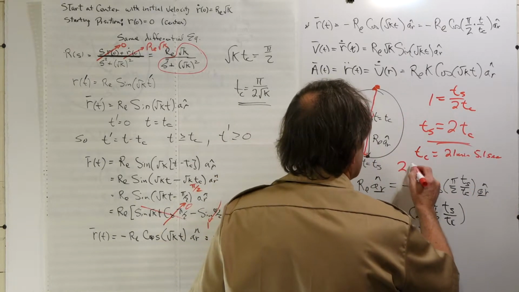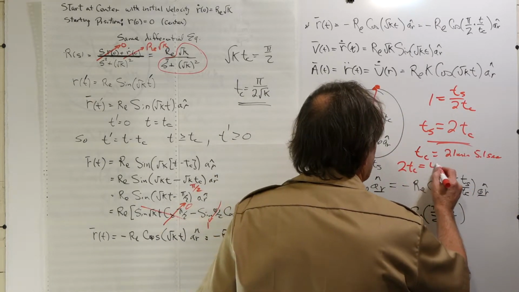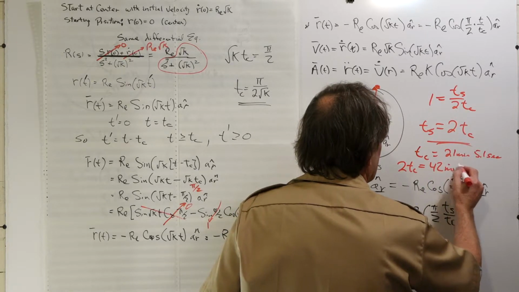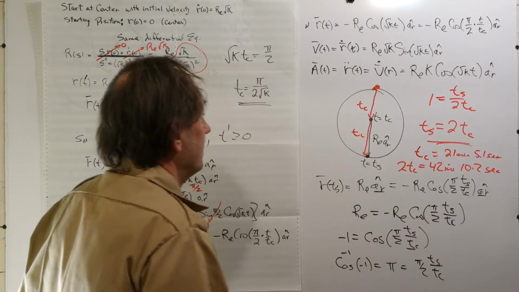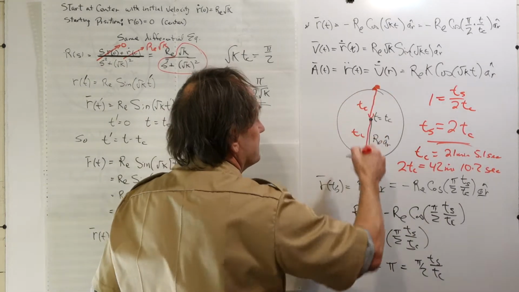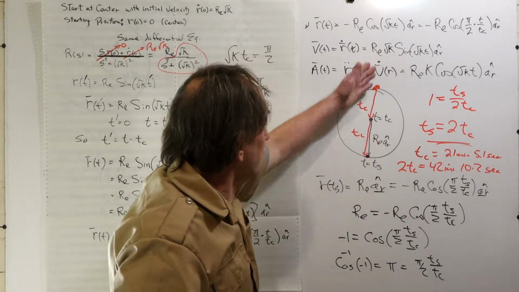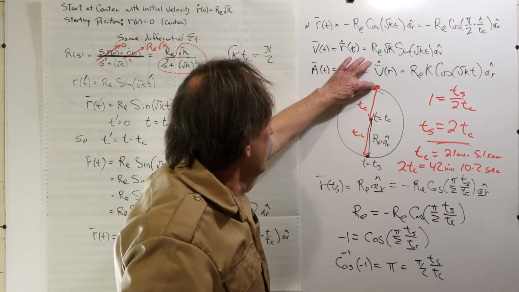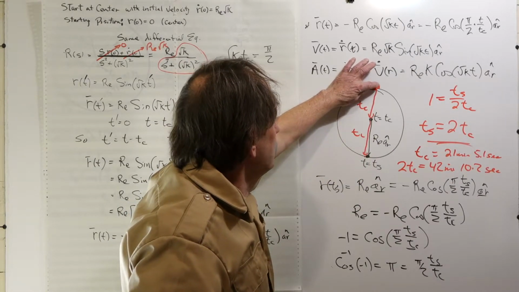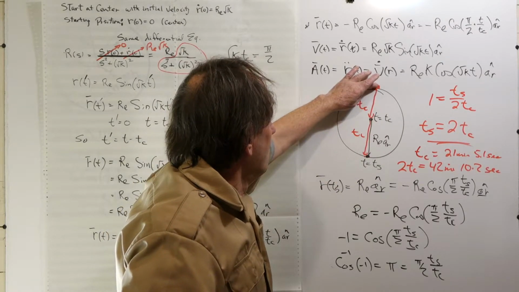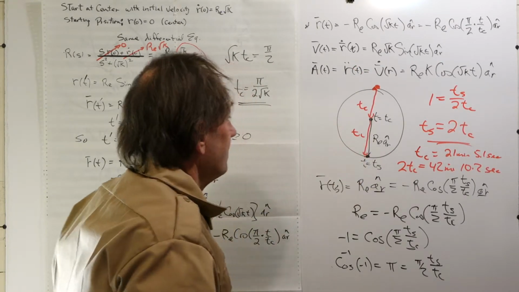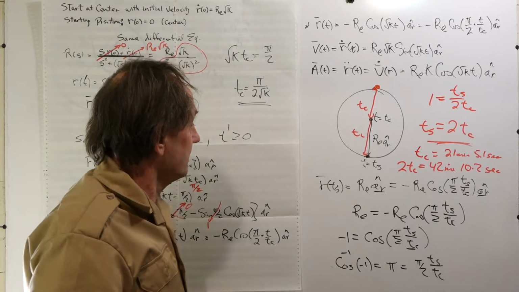So twice t_c will be 42 minutes and 10.2 seconds. So if you stepped in a hole that went through the center of the Earth, through the whole Earth, it would take you 42 minutes and 10 seconds to go completely through the diameter of the Earth to the other side of the Earth.